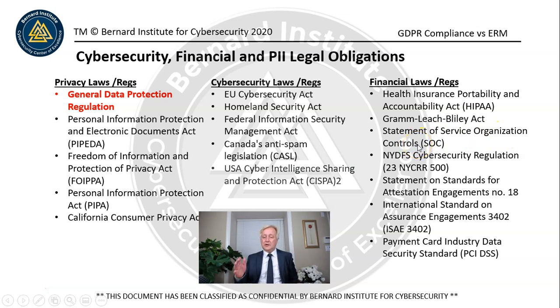I've worked with many organizations who are trying to go IPO on the New York Stock Exchange, for instance, or the Toronto Stock Exchange. They can't get there until they've satisfied all the requirements to build a proper cybersecurity program. And I know that the GDPR will benefit from a lot of that work, but there needs to be clear delineation between who's responsible for which part, compliance versus operational risk. So a lot of these things here in cybersecurity land and within the financial laws and regulations touch on operational risk.